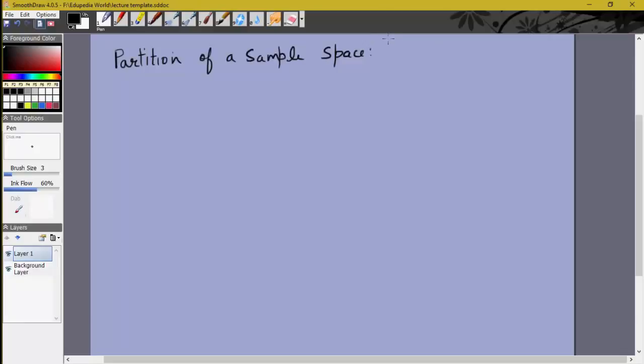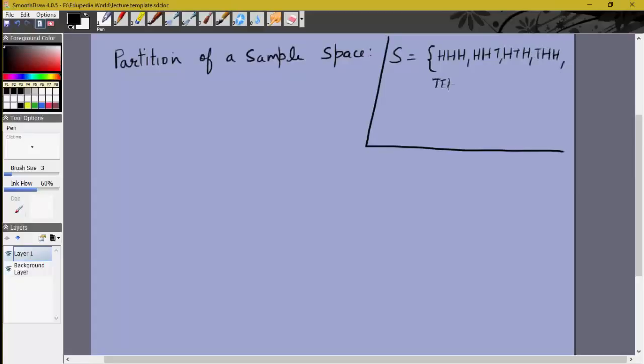So if we look at the simple example we started from in one of the first videos on this topic, we flipped 3 coins in a row, and the sample set S was the total possibilities HHH, HHT, HTH, THH, HTT, THT, TTH, and TTT. So there were a total of 8 elements comprising the total sample space.